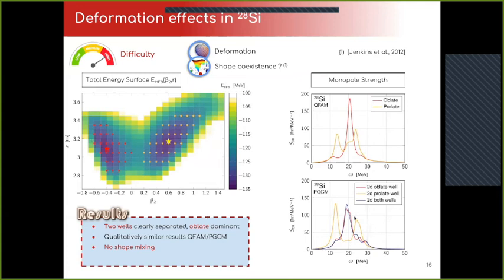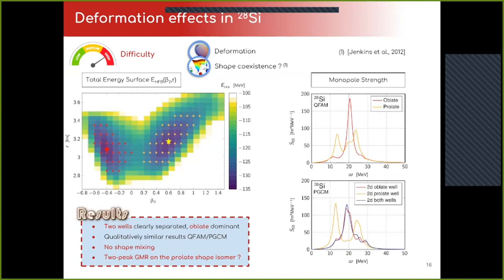You can see that the total result is very similar to the oblate one, so that in general no significant shape mixing effects appear, and maybe we are seeing a two-peak giant monopole resonance for the prolate shape isomer of silicon-28, but who can tell?